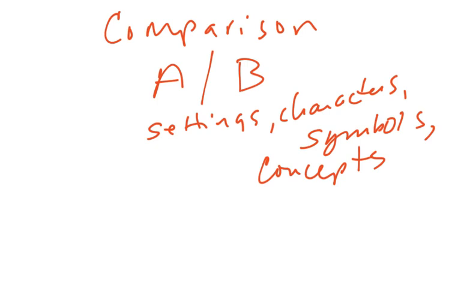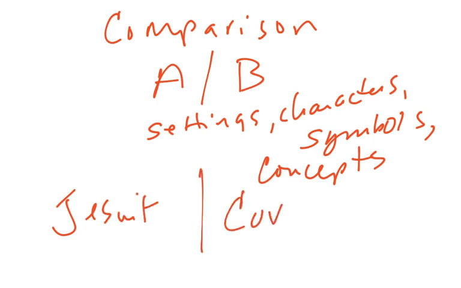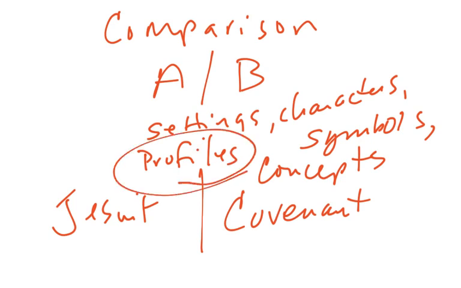Both of our schools, Jesuit, they're both Christian schools. We could place Covenant and Jesuit profiles next to each other. They both have a similar document. And we can say that they are similar. We could say that they're contrasting, or we can say one is greater than another.